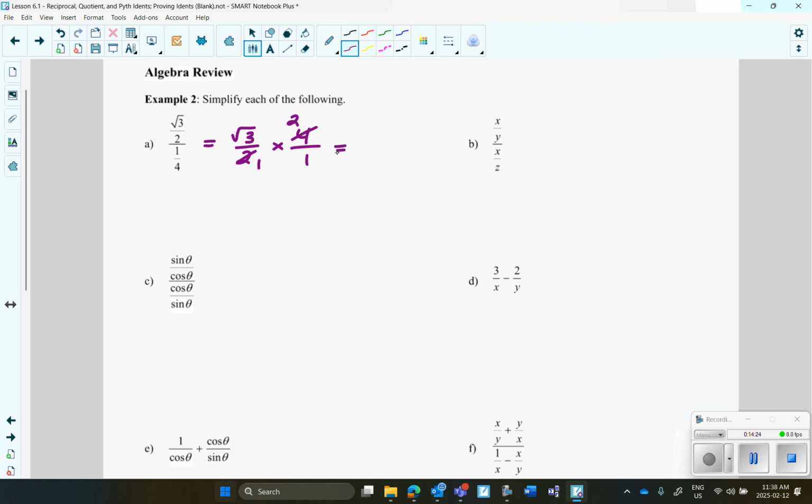So what do I get? 2 root 3 over 1, which is just 2 root 3. We've been doing that in grade 11, we've been doing that this year. Last year we did ones like this where they were variables. But remember, dividing, you just multiply by the reciprocal.